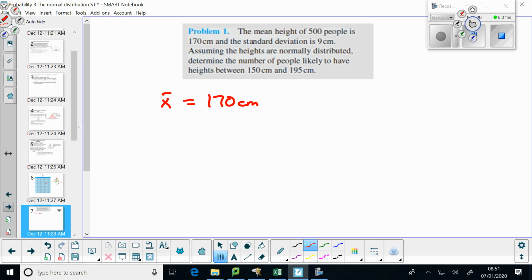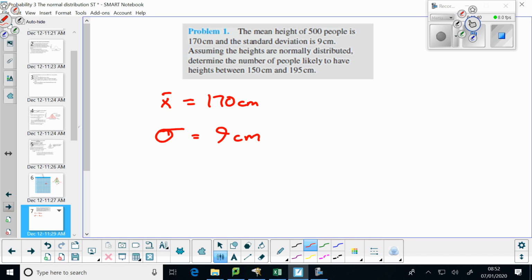And the standard deviation is 9 centimeters.